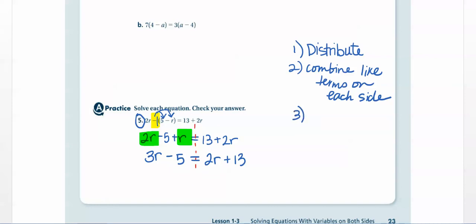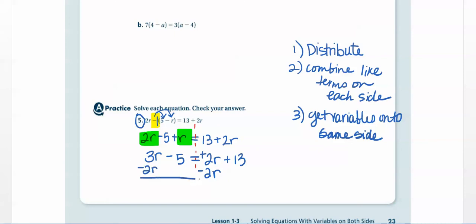Okay, step 3, get variables onto the same side. So I'm going to subtract 2r. Like I said, I always pick the smaller one to move, but you don't have to. The 2r here is positive, so I'm subtracting it. Whenever you move something from one side to the other, make sure you're lining things up with like terms.